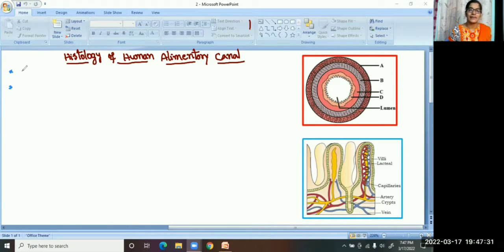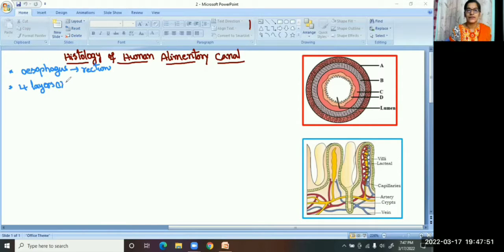So the human alimentary canal, from esophagus to rectum, has 4 layers.